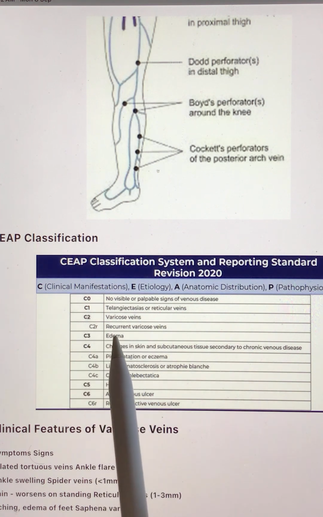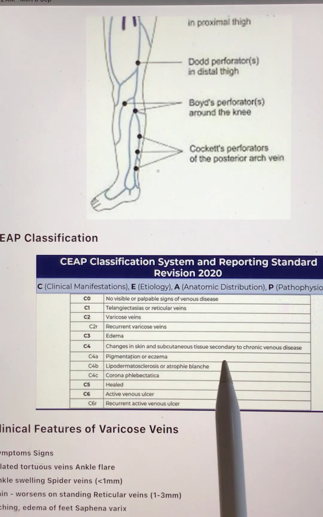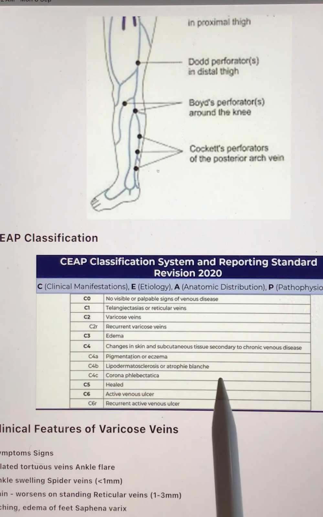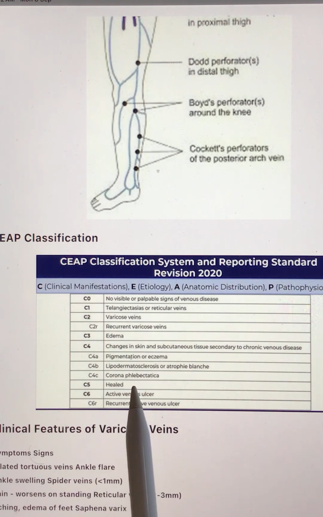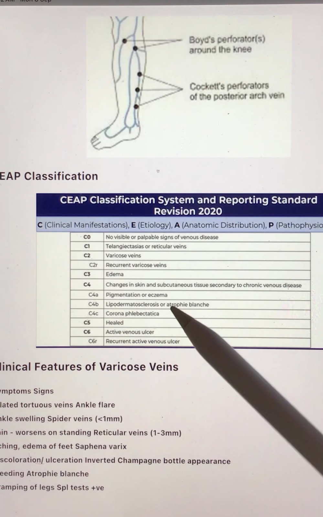C2 is again recurrent varicose once you have operated. C3 is edema. C4 is changes in skin and subcutaneous tissue secondary to chronic venous disease. There can be pigmentation, lipodermosclerosis, corona phlebectatica. C5 is healed. C6 is active venous ulcer. C6R is recurrent. So this is the clinical manifestation.